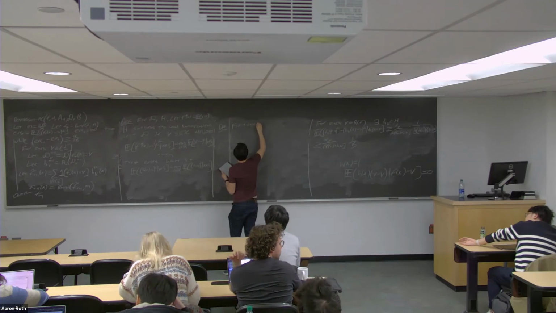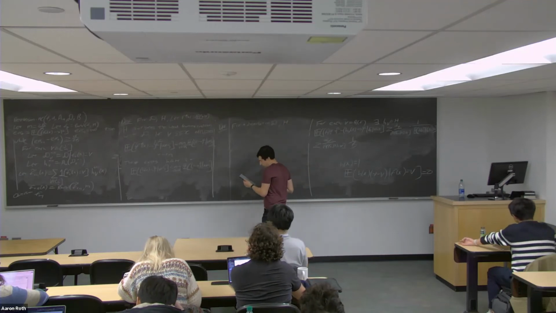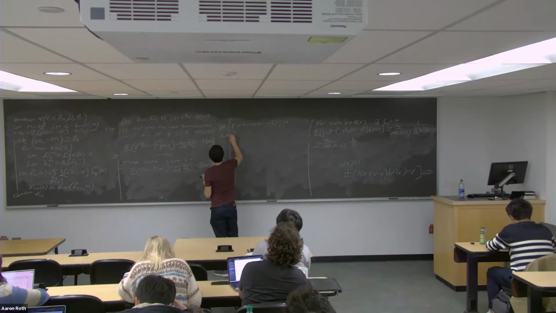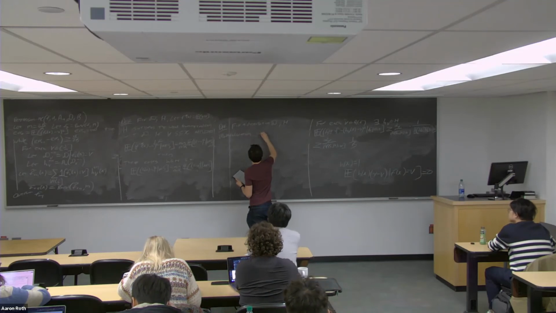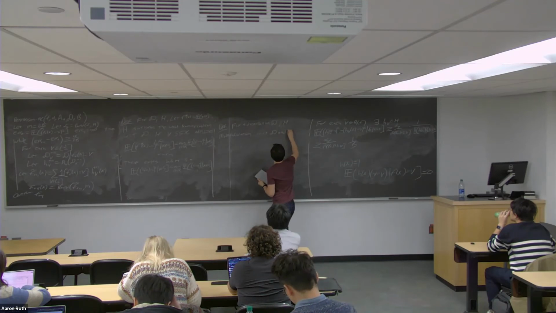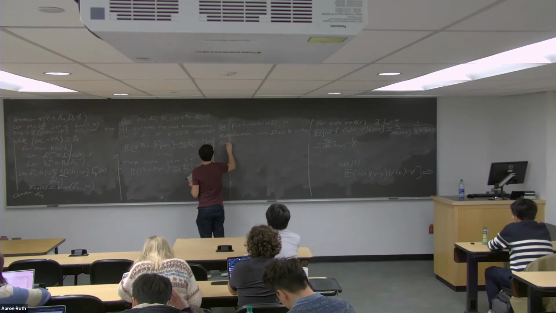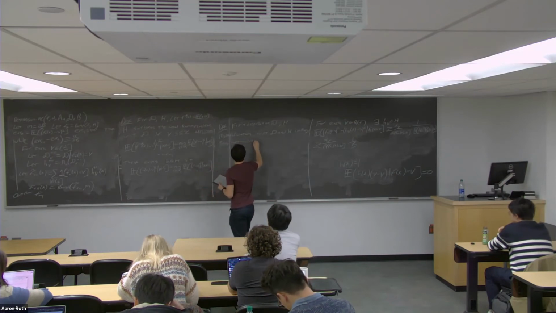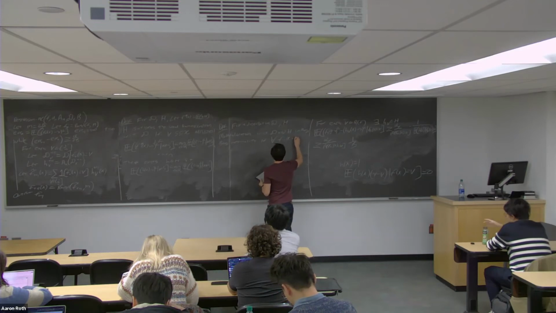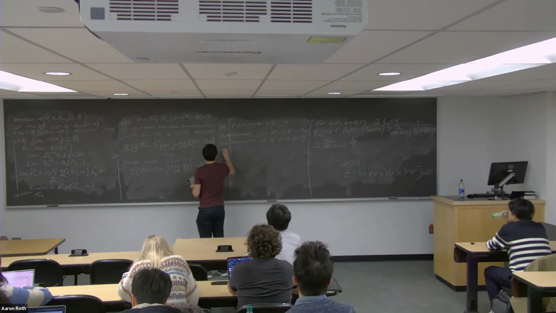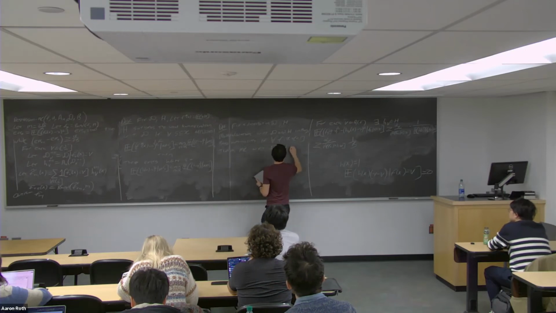Fix a distribution D and a class of functions H. Multi-calibration with respect to D and H implies Bayes optimality if every function f that is multi-calibrated with respect to D and H is Bayes optimal.